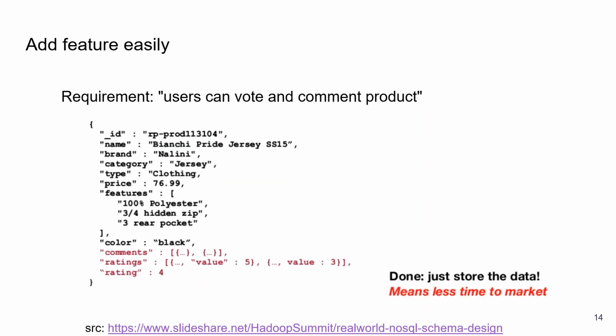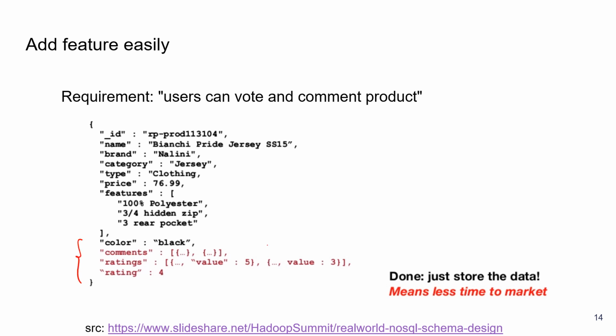We can also see from here that when we want to add a new attribute into the document, it becomes very easy. For example, if we have a new requirement that a user can give a rating and can give comments related to the product, then we can insert that kind of attribute into the product itself directly, like this.